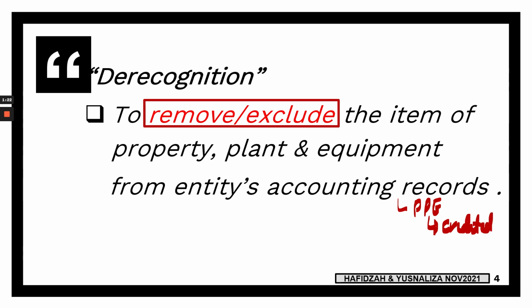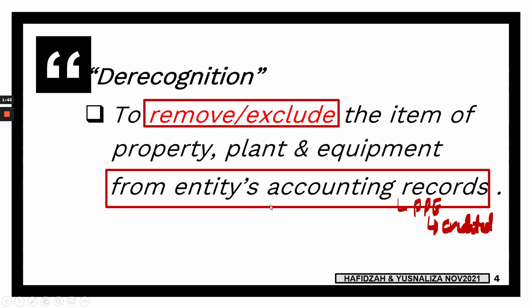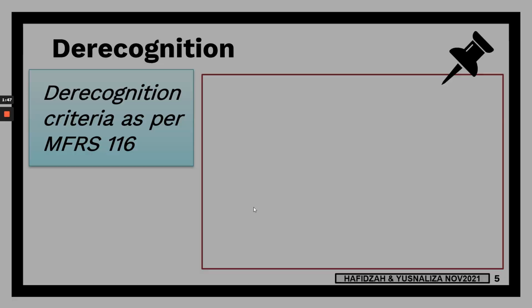With that, the item will be removed, because when you recognized the item earlier, you had already debited. So when you derecognize, the PPE must be credited in the books of the reporting entity.